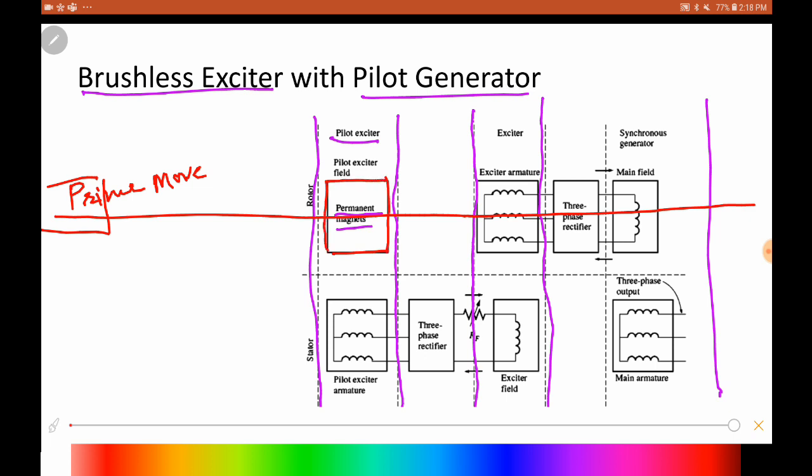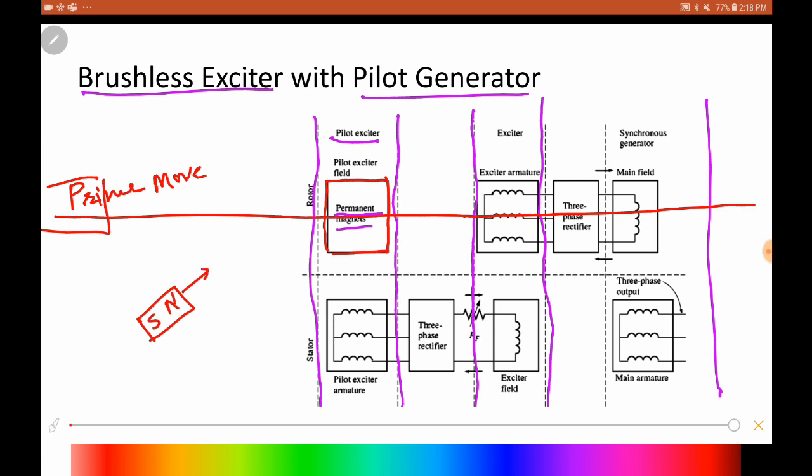Because of the prime mover, that permanent magnet will generate a rotating magnetic field, as we discussed in the very basic idea of an AC generator. I told you that you can also do that with a permanent magnet by having a north pole and a south pole.